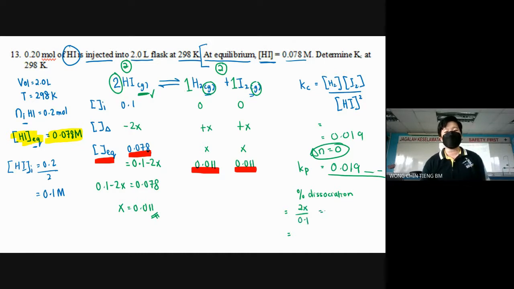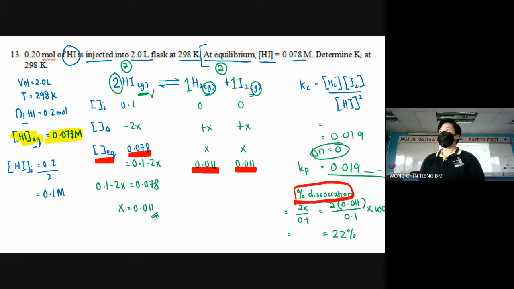By the way, why 2x over 0.1? Because we are taking only for the reactant. Percentage of dissociation kena darab 100, therefore you're having 22%. Setuju? Sekali lagi, whenever soalan tanya percentage of dissociation atau degree of dissociation, 99.99% dia takkan bagi tahu siapa punya. You need to know kita nak cari untuk reactant.